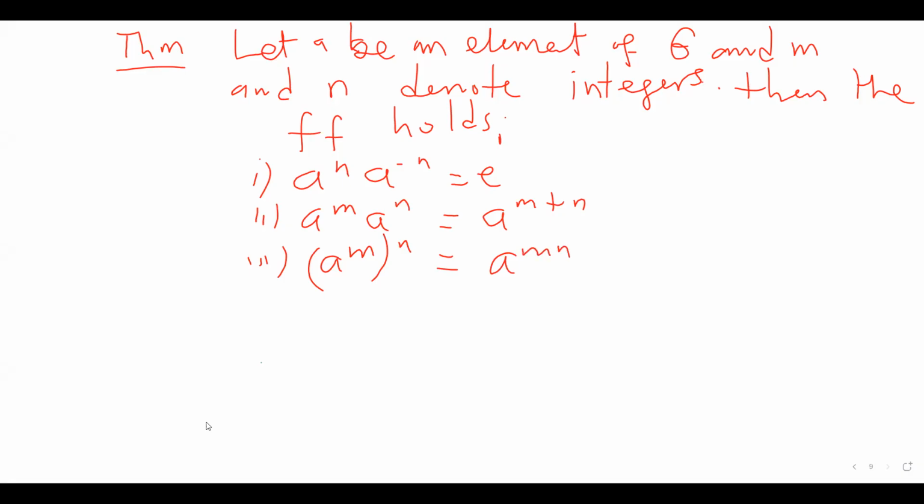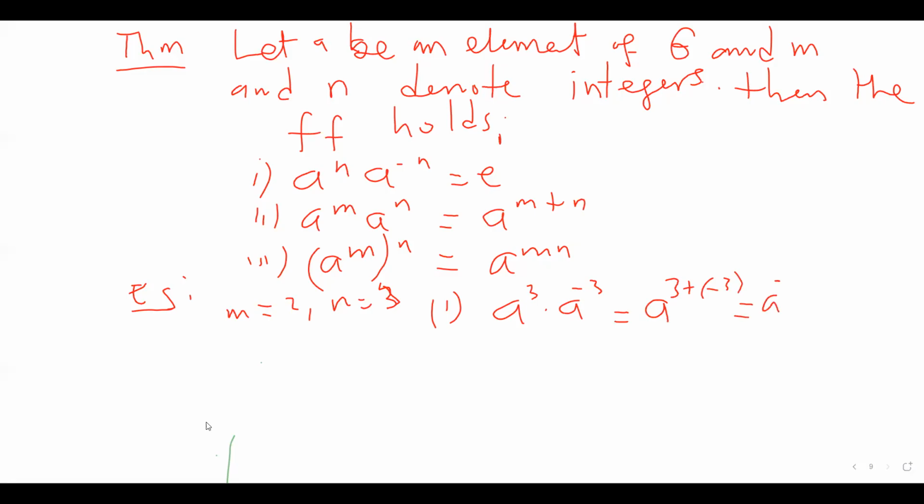Of course, we can check this briefly. Example, take m to be 2, take n to be 3. Let's check one: a to the power 3 times a to the power minus 3 is nothing but a to the power 3 plus minus 3, which is a to the power 3 minus 3, which is a to the power 0, which is e.